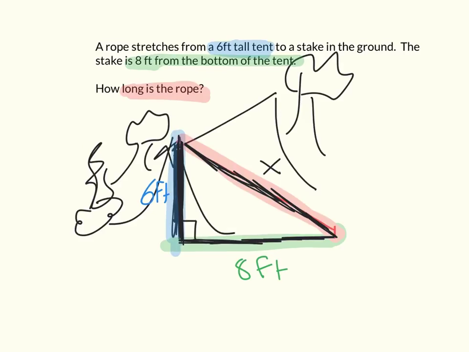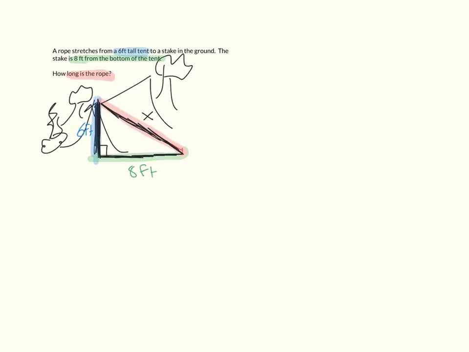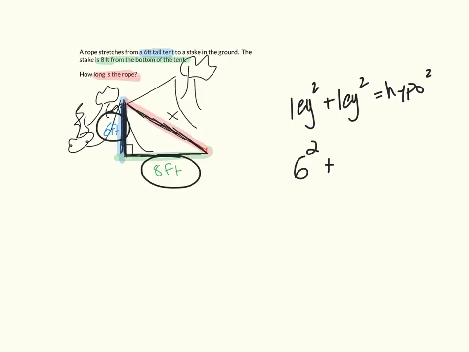I know that in order to find the hypotenuse, I need to use the Pythagorean theorem, which is leg squared plus leg squared equals the hypotenuse squared. Right here I've got 6, that's one of my legs, so 6 to the power of 2, plus my other leg, which is 8 to the power of 2, equals my missing value, x to the power of 2.